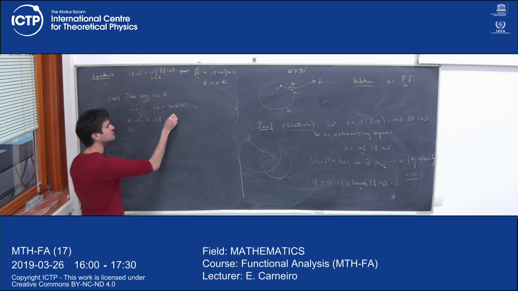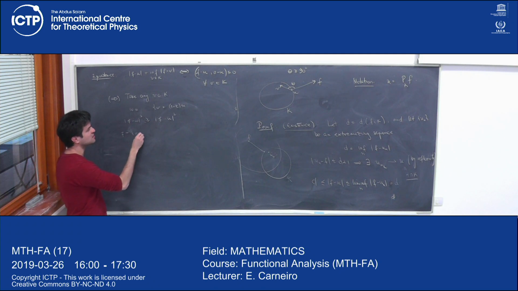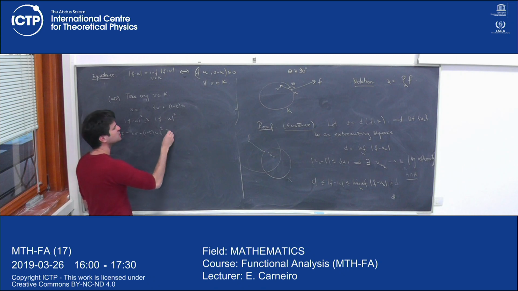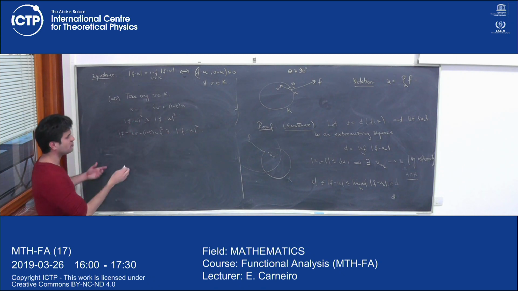I'm going to square both sides. Let's see what that gives me. So f minus w is with this guy, so the norm squared of f minus t v minus 1 minus t u is bigger or equal than the norm squared of f minus u. Now let's open this whole thing up.